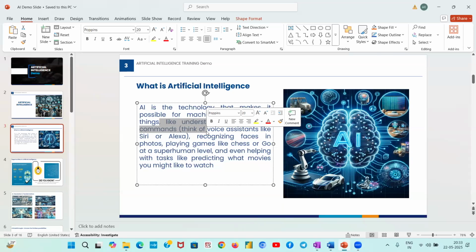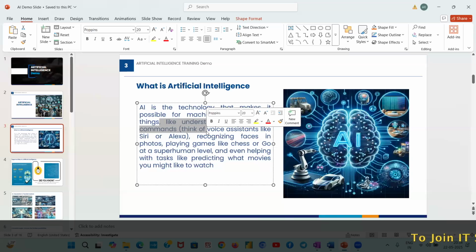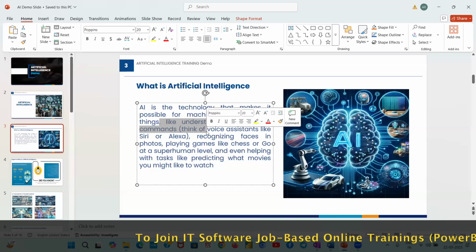And we are also seeing Siri and Alexa, which are voice assistants, right or not? So what are these doing? Listening to your voice, converting it into a process, understanding your requirement and replying back to you. This is one of the latest things happening in the world.